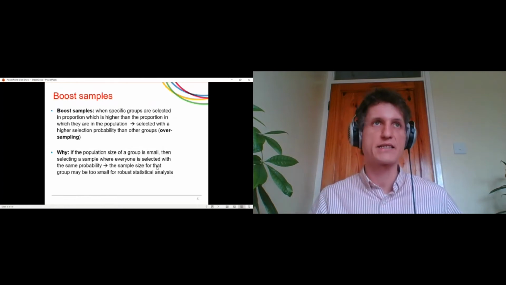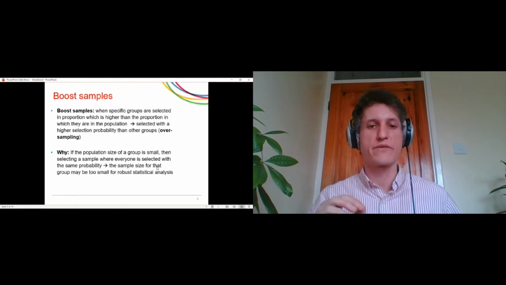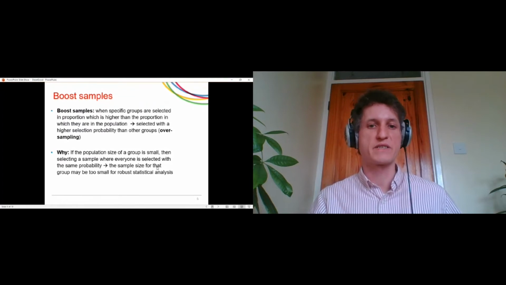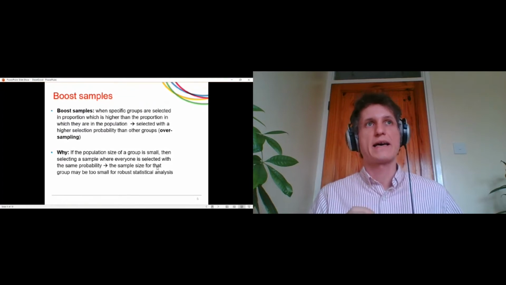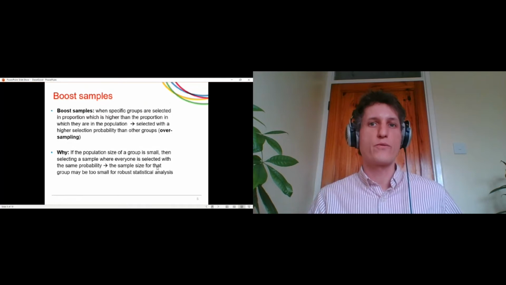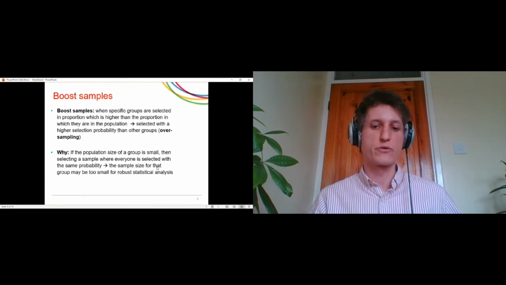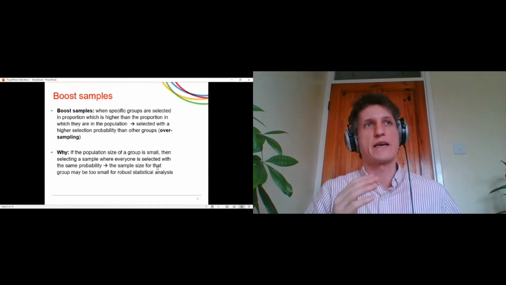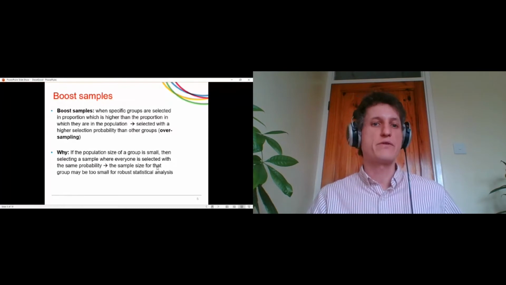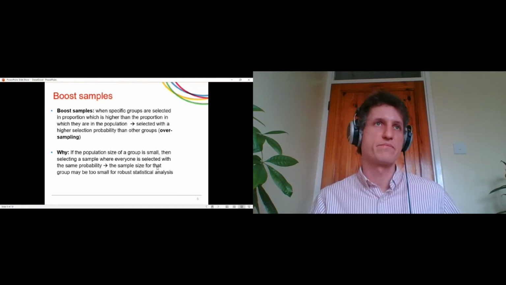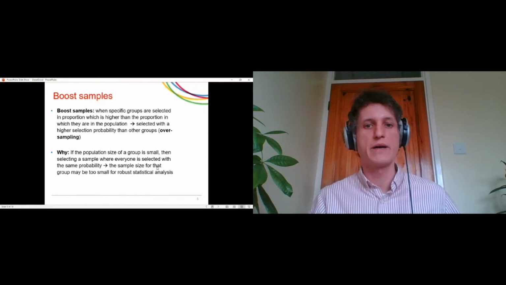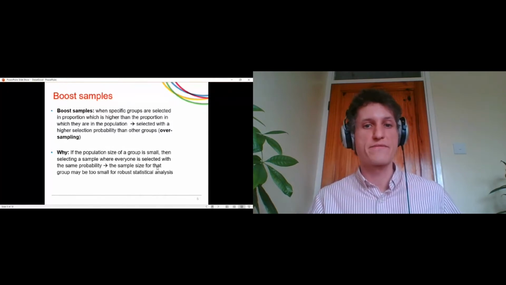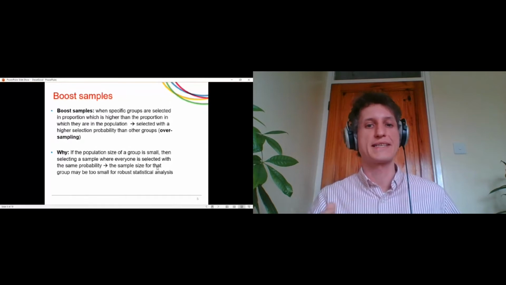As I said, one of the aims of the study was to better represent subgroups of the population, specifically minorities. So in any survey, if you want to represent groups which are small, let's say 1% of the population, even if you have a survey with a very large sample, let's say 40,000 people, that 1% is still only 400 in your sample, right?